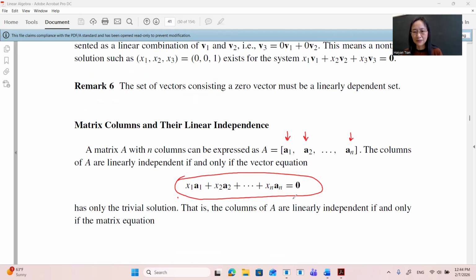This is the vector equation, where each vector is a column of the matrix. So you just write the vector equation and see if the homogeneous system has only a trivial solution. If this implies only a trivial solution, then we know that the columns of the matrix are linearly independent. Otherwise, they are linearly dependent.